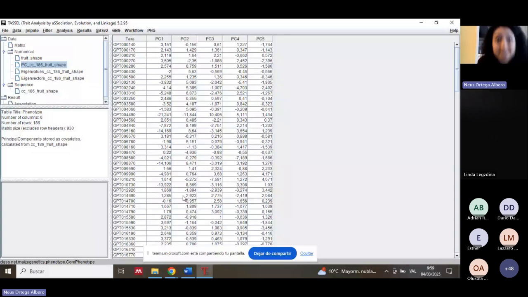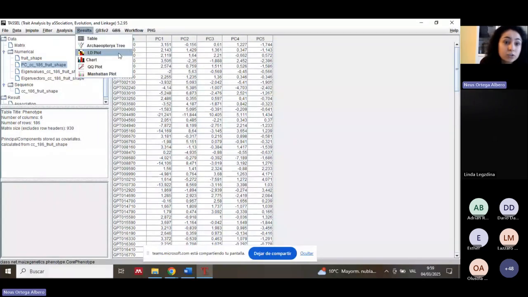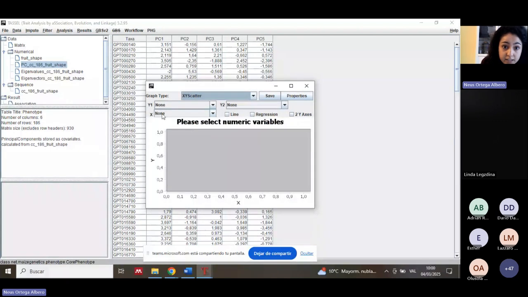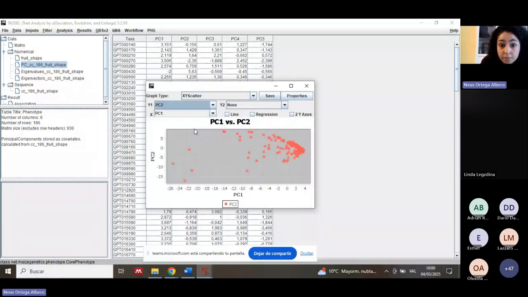Now to see these results, we go to results, to the chart, okay, and we change from histogram to XY plot, and in X and Y we put PC1 and PC2, which are the main components of a PCA. So here we have the distribution of the 186 individuals that we have in this collection.